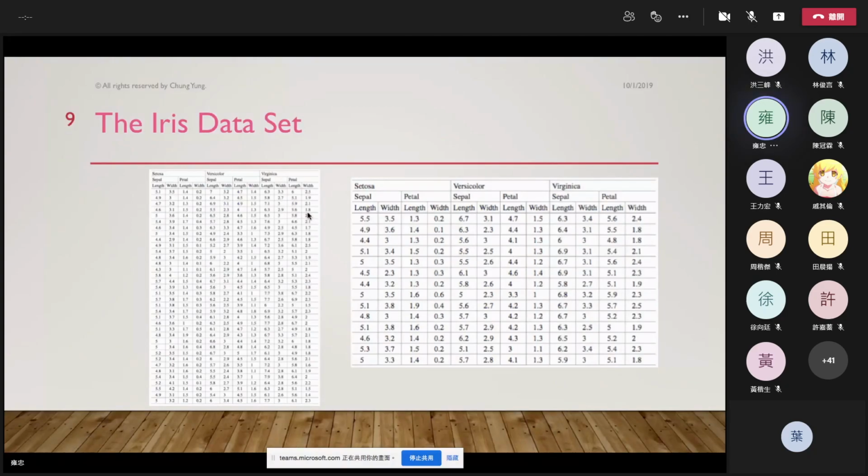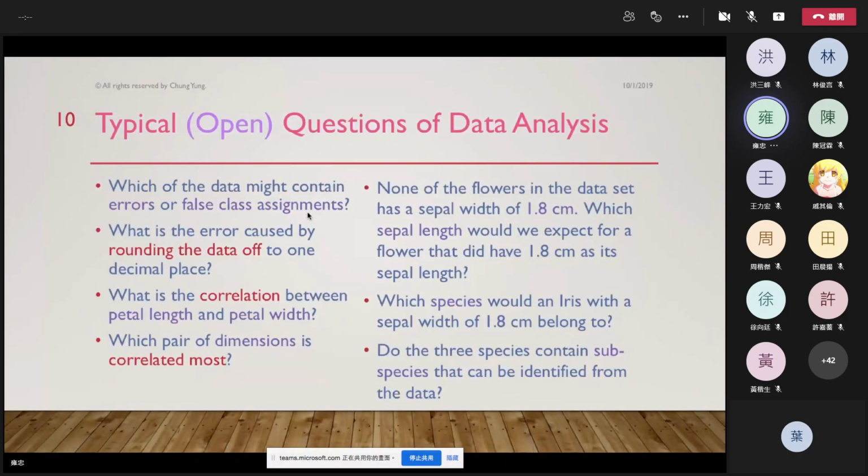To me, for example, the length of sepal of versicolor and the length of sepal of virginica, the fifth column and the ninth column, it seems that the ranges of data are similar.